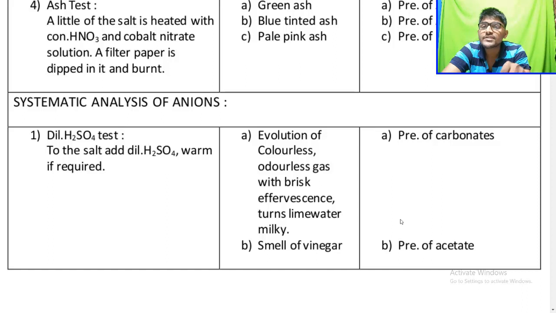And if it is a smell of vinegar, then it can be the presence of acetate. You need to get into this, because if you are not much familiar with all this, then write the notes about it. Like, for this test it can be this anion. If there is a smell of vinegar, then it is acetate, like that.